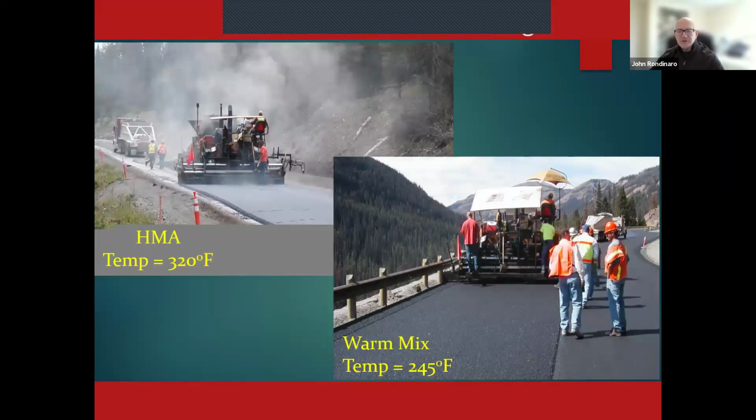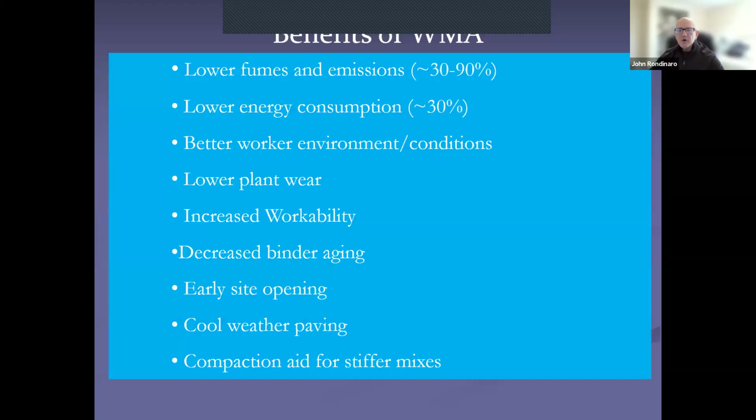You're seeing some pictures that our industry friends have shared with us. Here's hot mix going down at 320, steam's pouring off of the top of it. That's a tough set of conditions to work in. Warm mix going down at 245, a lot better set of conditions for our workers.